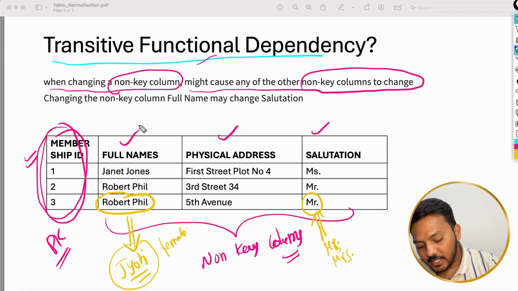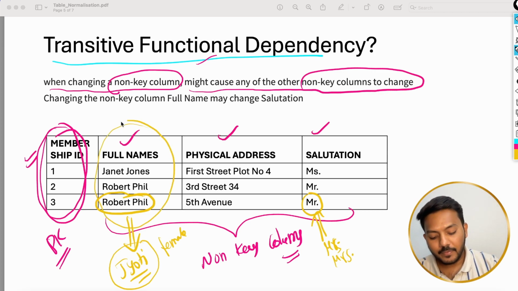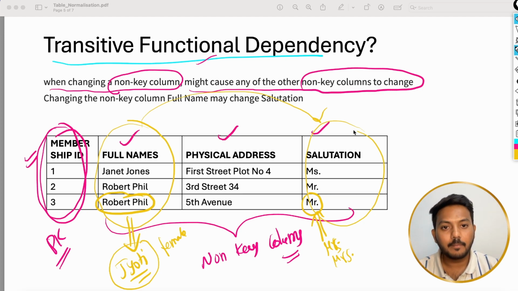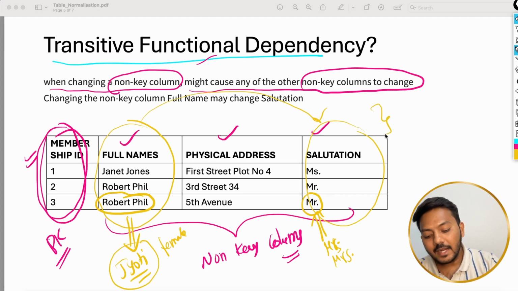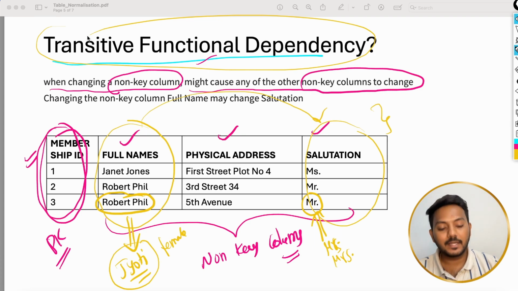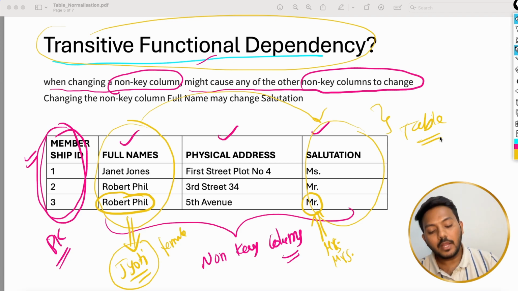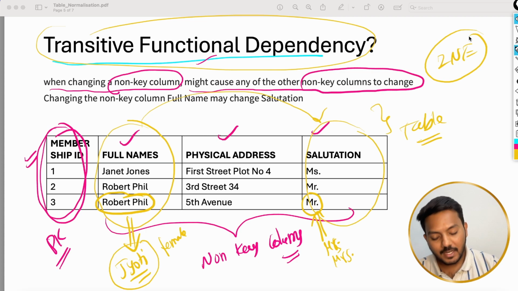So if a change in a non-key column results in changing any other non-key column, that means there is a transitive functional dependency in your table. And what 3NF will say is you have to be in 2NF, and you need to eliminate transitive functional dependency.